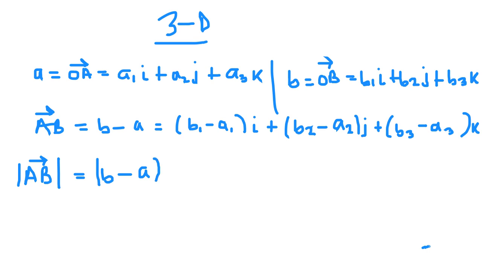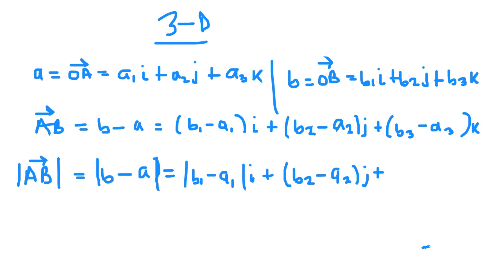Up to K. So it will be the magnitude of (B1 minus A1) i plus (B2 minus A2) j plus (B3 minus A3) k.